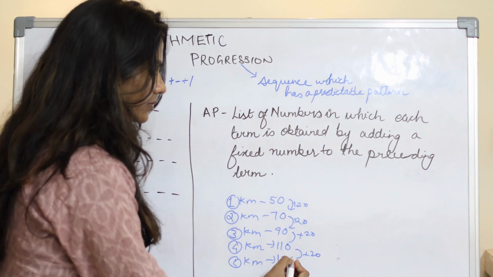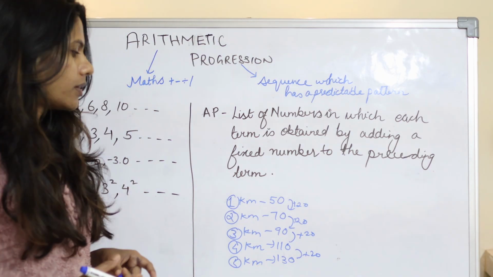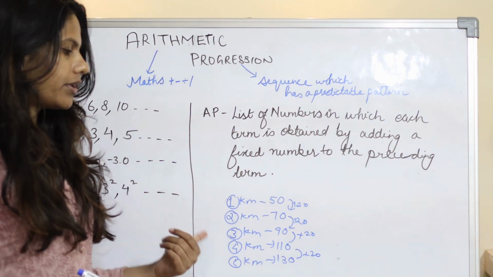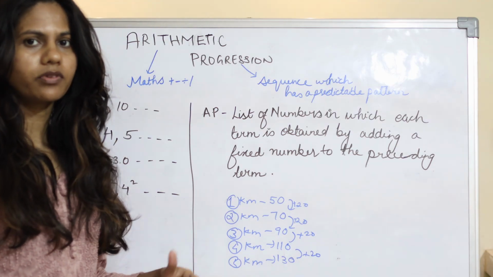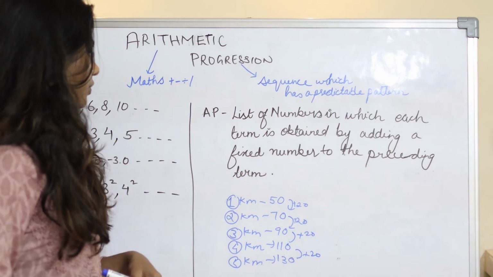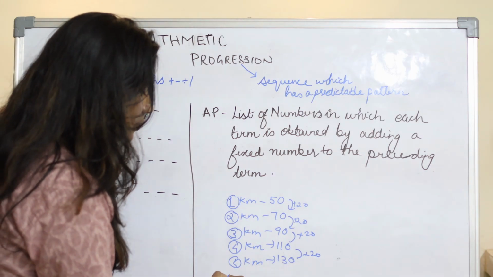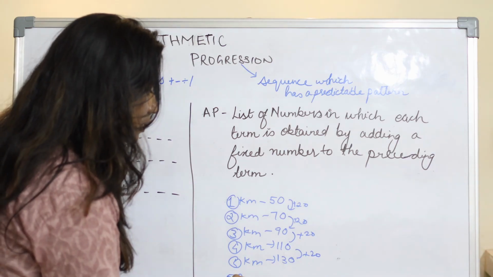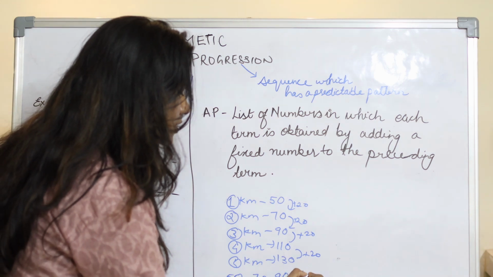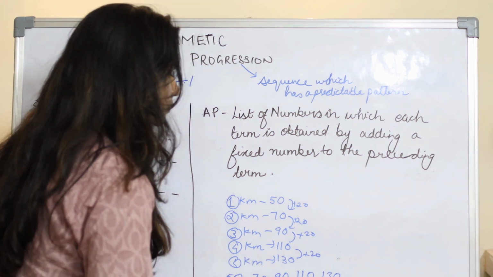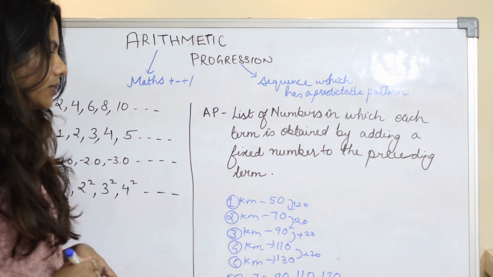So if I am traveling 5 kilometers using Uber, I know that 130 rupees will be my total pricing. If you write it as a sequence, it will be 50, 70, 90, 110, 130.